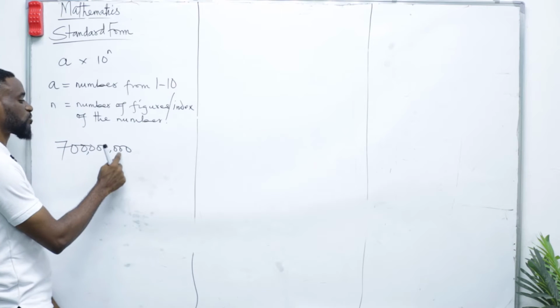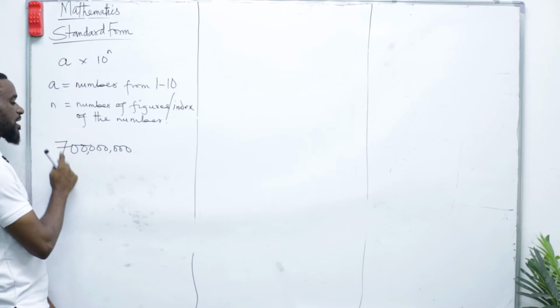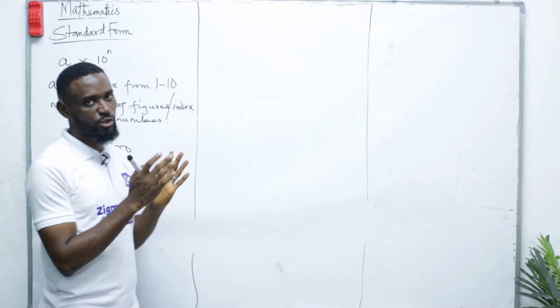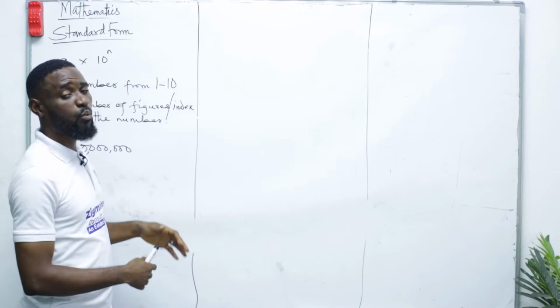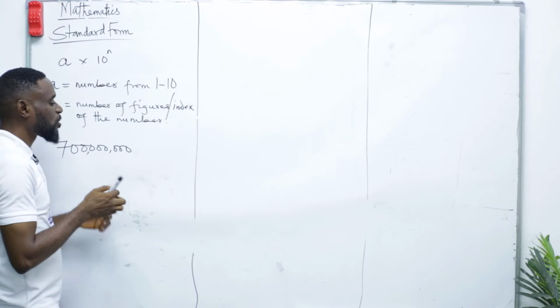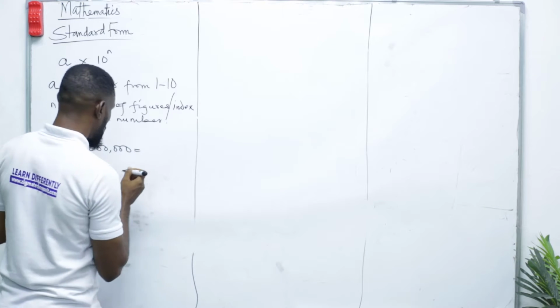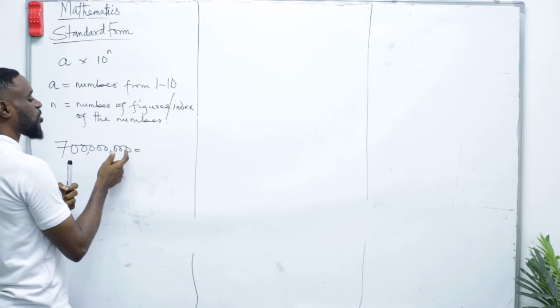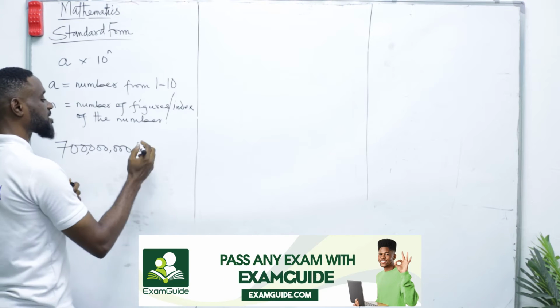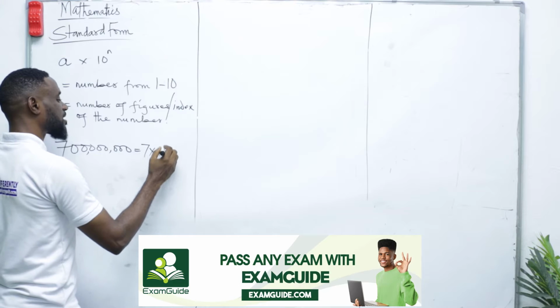You know, we have 1, 2, 3, 4, 5, 6, 7, 8, 9 figures. Now, let's assume where you want to write this number is not wide enough. You can shorten this by counting the number of zeros: 1, 2, 3, 4, 5, 6, 7, 8. You can say this is 7 times 10 raised to the power 8.